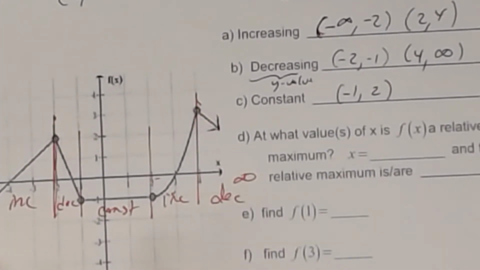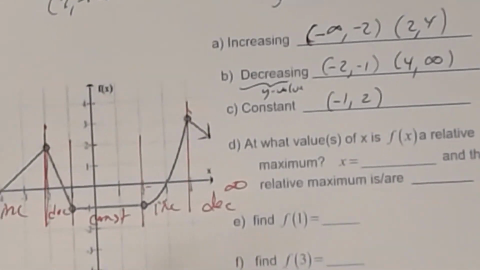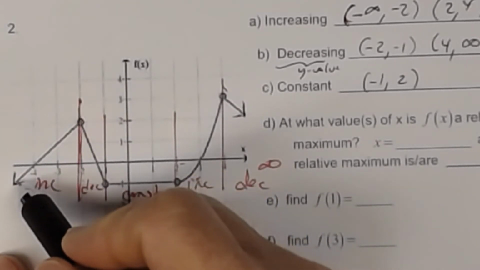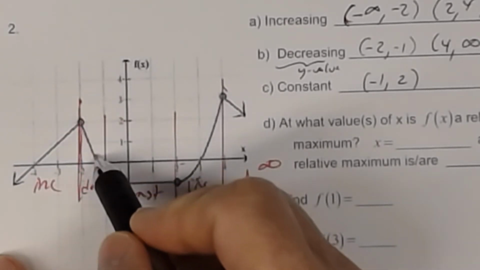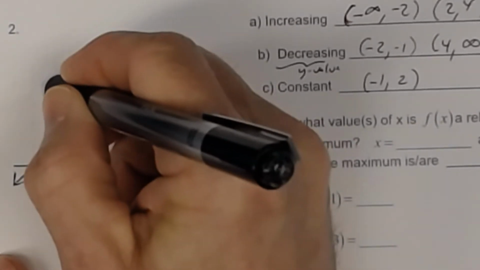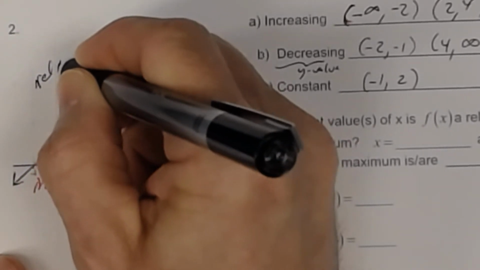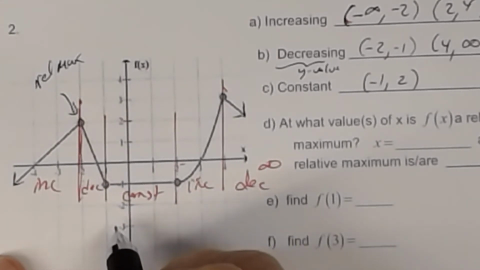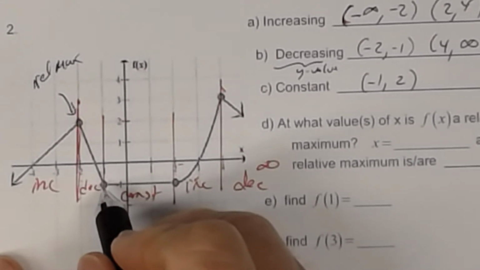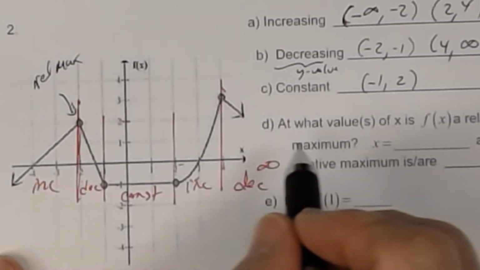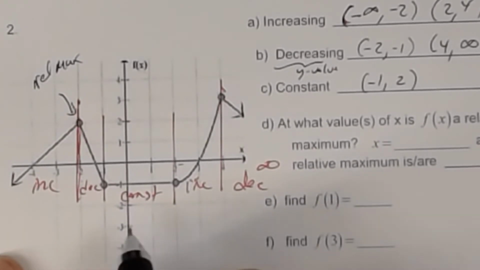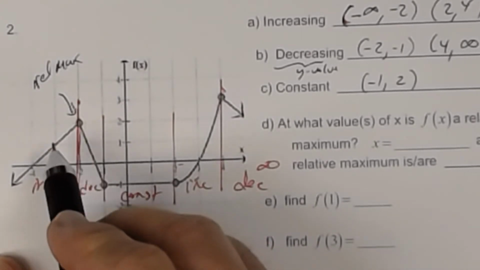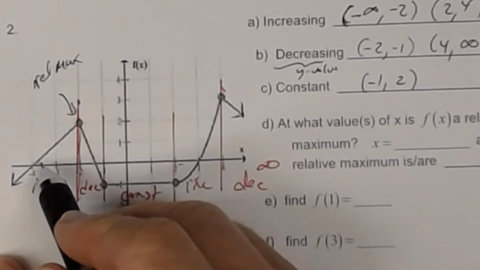All right, now let's talk about the maximum and minimum. Listen carefully: as my function's increasing, all of a sudden it's decreasing. So this right here will be a relative max. I'm going from increasing to decreasing.